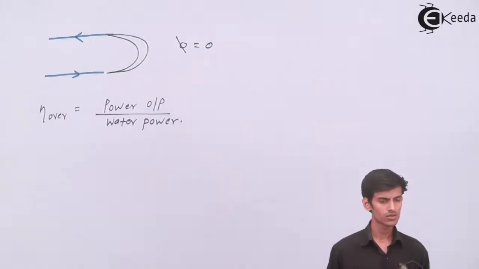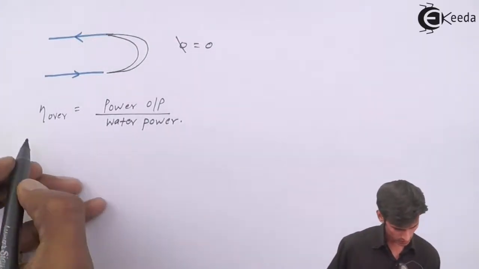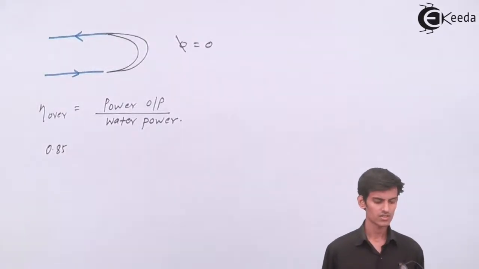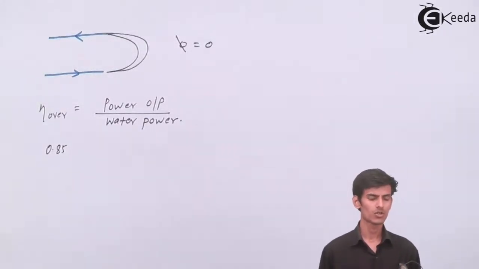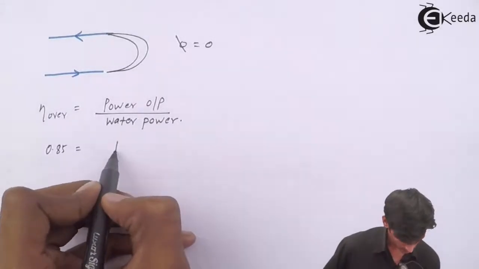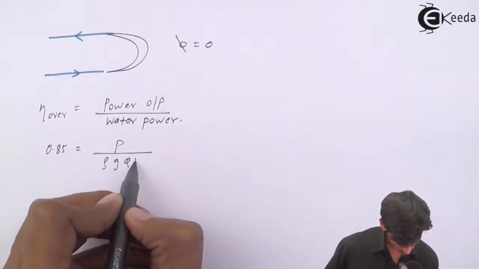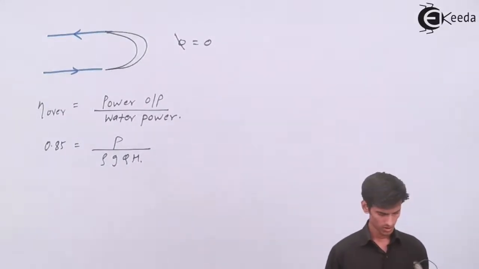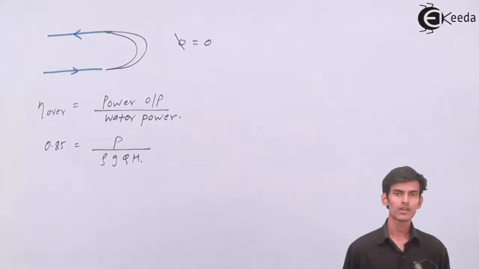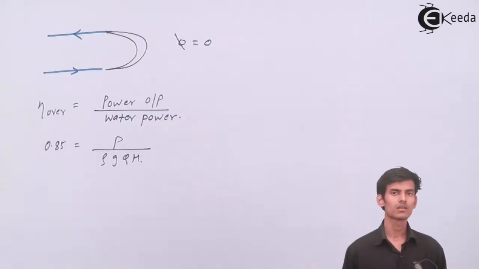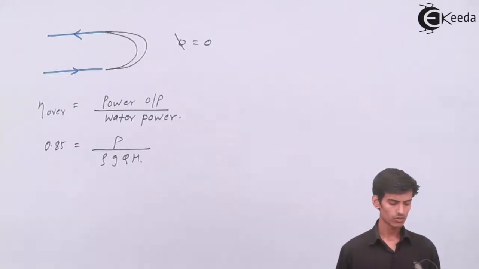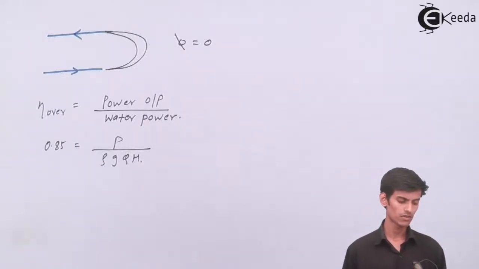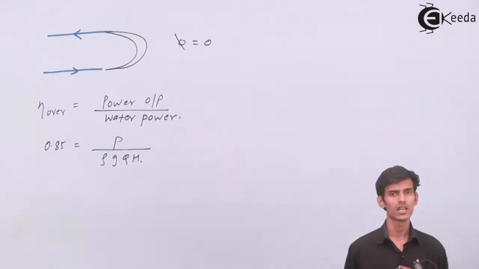The overall efficiency is already given, which is 85%, which is nothing but 0.85. The water power is nothing but rho g QH. So once you multiply overall efficiency with rho g QH, you get the power developed.